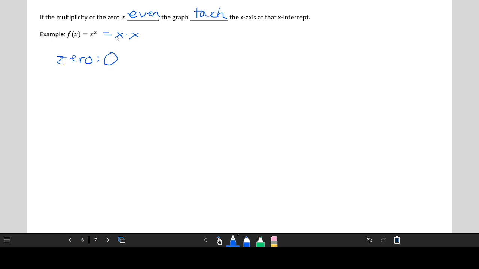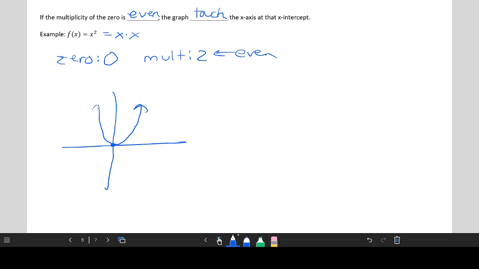So that's the only 0. But it comes from this factor x that shows up twice. So the multiplicity of that 0 is 2, which is even. And we know that the graph of y equals x squared looks something like this. So it comes down and touches at the intercept, but then it turns around and goes back. It doesn't actually cross the axis.